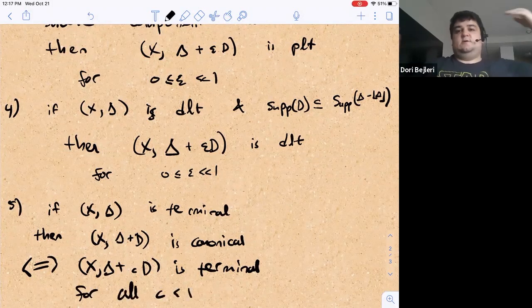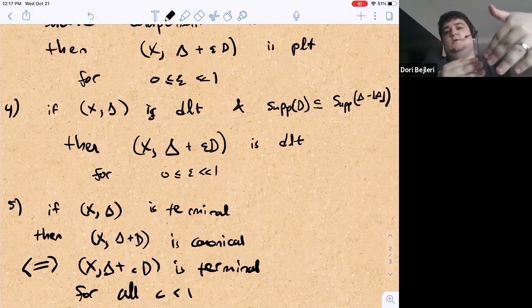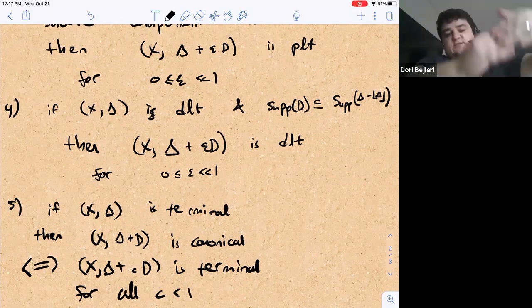So it's saying that if you add something that's actually canonical, then for any smaller number, as soon as I take 1 minus ε times D, I actually have to be terminal. So kind of canonical is the boundary of terminal.